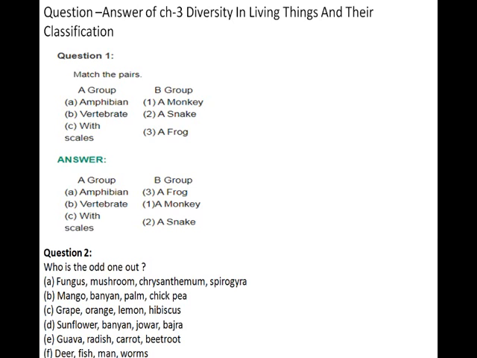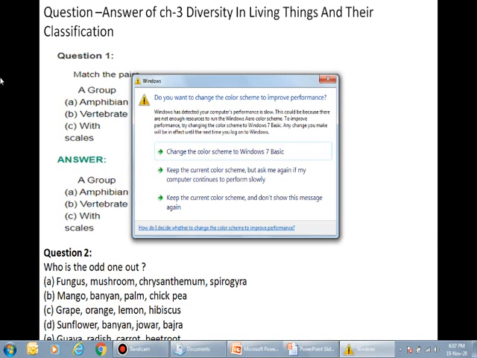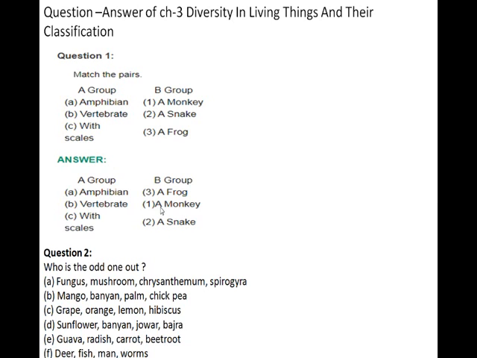Frog is known as an amphibian, because amphibians are those animals which can survive inside the water and also on the land. Frog is a very broad example of the amphibian class.